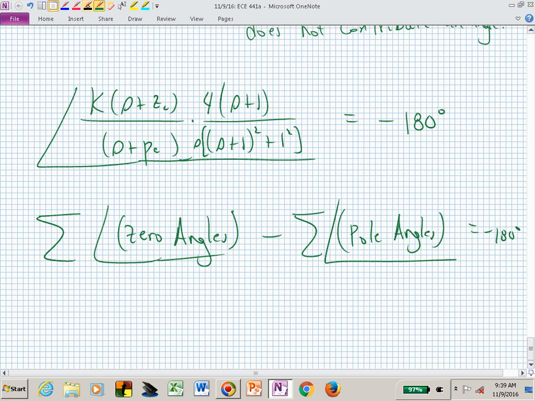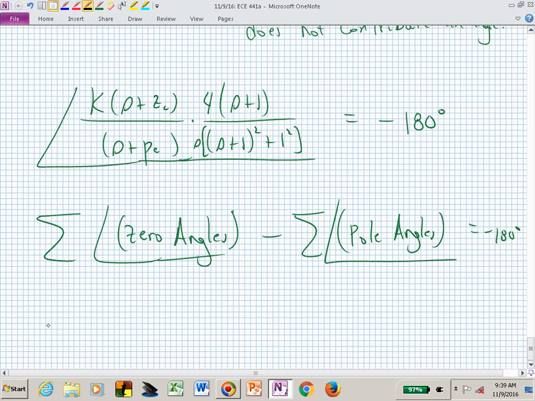In this particular problem, what's the angle of K? K is positive. What's the angle of a positive number? If you viewed K as a complex number and you sketched it on the s-plane and you said K is 35, you would draw a line from the origin out to 35, and what's the angle between the origin and 35? 0. So K's not giving us an angle. Neither is that 4.